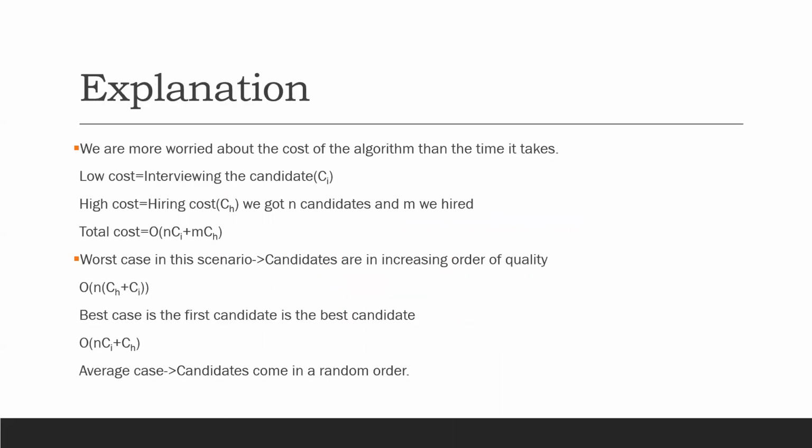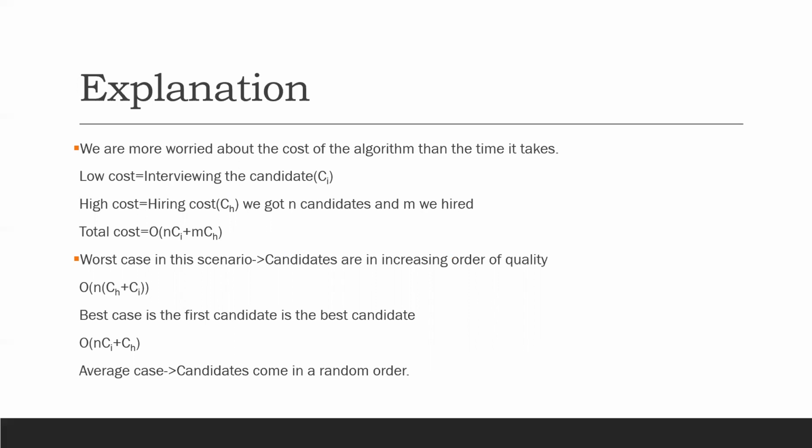In the hiring problem, usually in algorithms, we are mostly worried about the time complexity of the problems. But since in the hiring problem, we are hiring an agency and then paying out our current assistant or hiring a new candidate, we are using cost. So we need to be more worried about the cost of the algorithm rather than the time it takes.